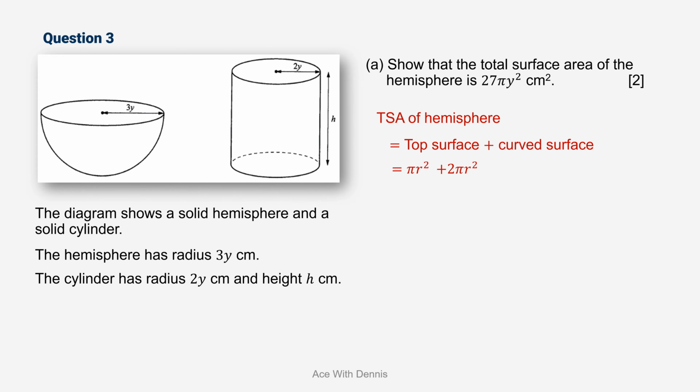For a sphere, the total surface area is 4 pi r square, hence the curved surface of the hemisphere is 2 pi r square. Then we simplify, we'll get 3 pi r square. So the r is 3y, hence we substitute into the equation, it becomes 3 pi bracket 3y square, which we get 27 pi y square, hence shown.